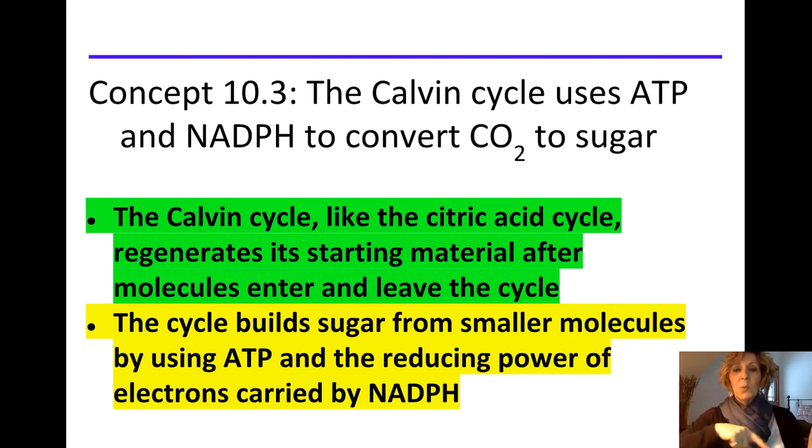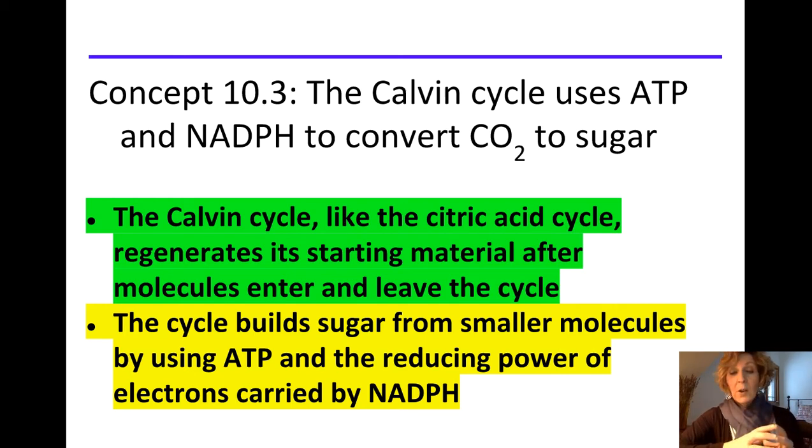These cycles regenerate the starting material after the molecule enters, so it's always regenerating the molecules it's going to use again. It doesn't just use it once and be done. It takes energy and invests it so it can use it again. And we are going to take the ATP energy. Remember, this is an anabolic process.